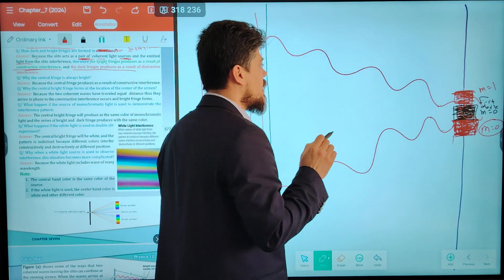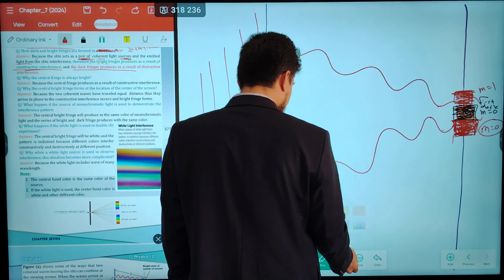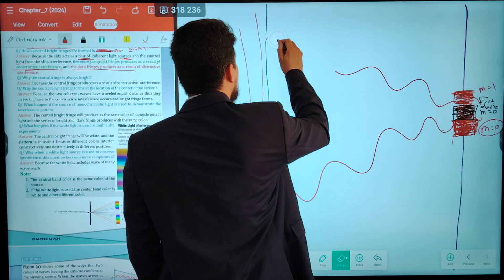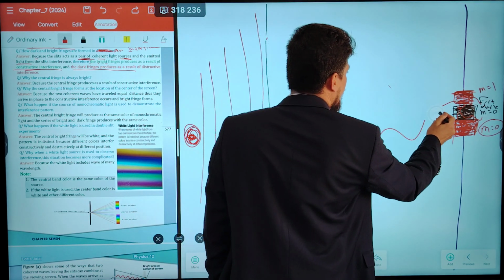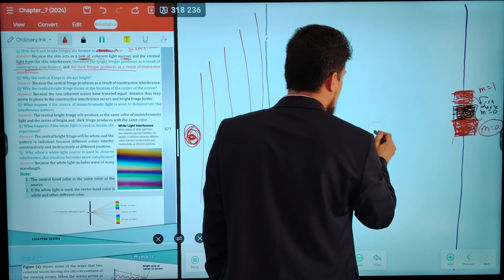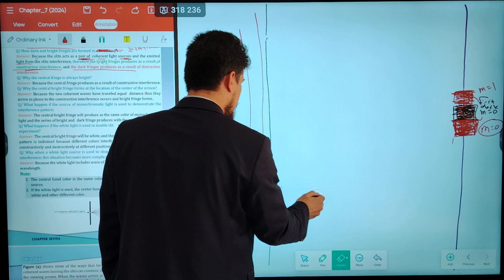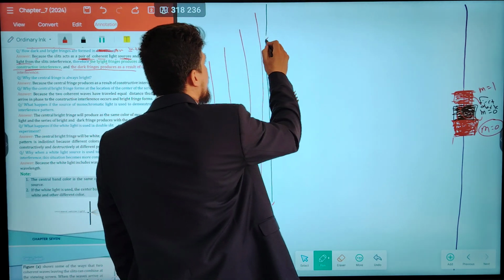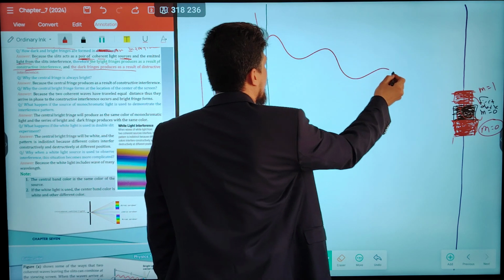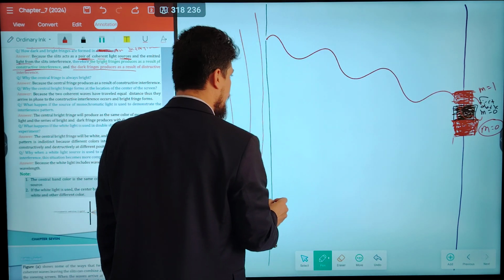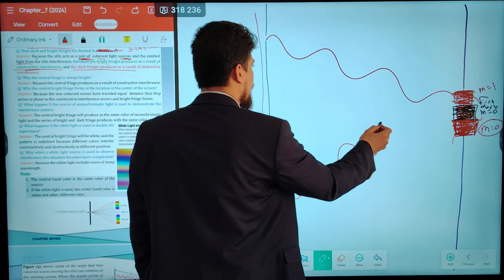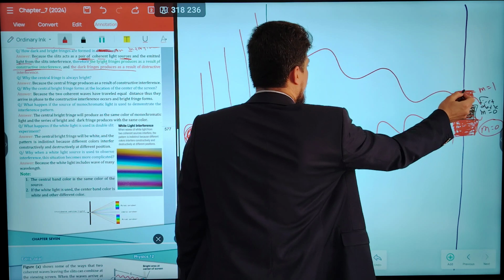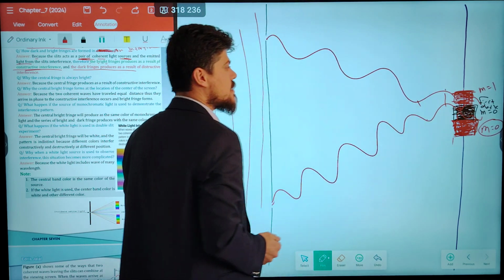In the first bright fringe, guys, look. Now I'm going to do it one by one. In the first bright fringe, they are still constructive, yes.